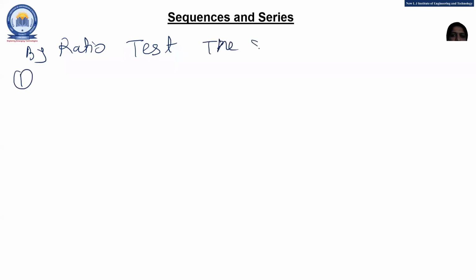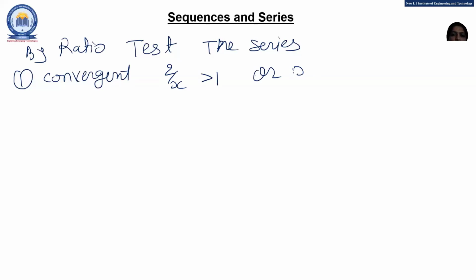So by D'Alembert's ratio test, what can we say? The series is convergent if 2 by x is greater than 1, or we can say x is less than 2.